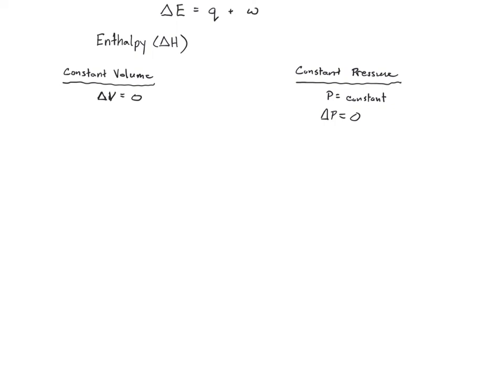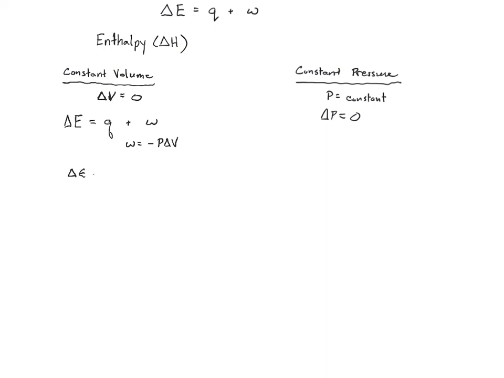What I'm going to do now is look at the constant volume system and rewrite the energy equation that I gave you previously. So the change in energy is equal to heat plus work. We said earlier on that work is equal to the negative of pressure times the change in volume.